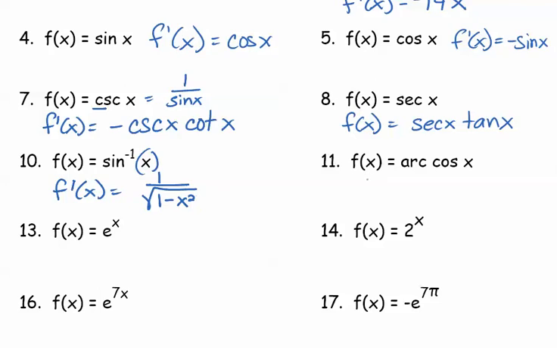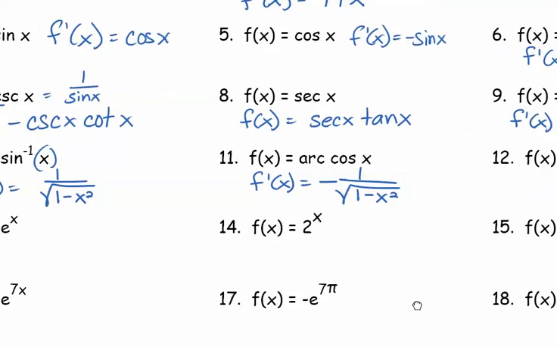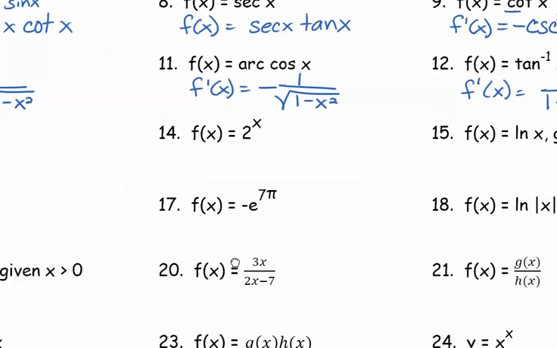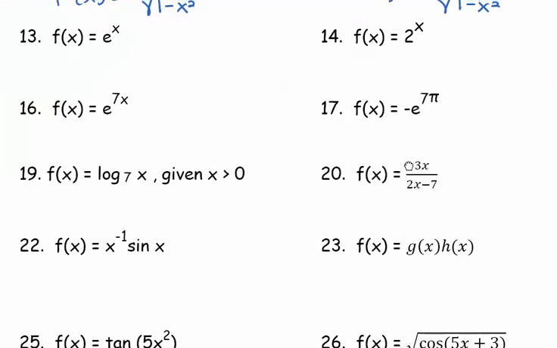The derivative of arc cosine or inverse cosine is the same, but it's negative. And the derivative of inverse tangent is 1 over 1 plus x squared. So again, none of these are requiring the chain rule yet. These are just our basic formulas.